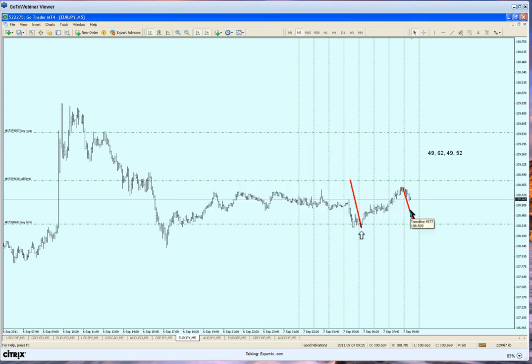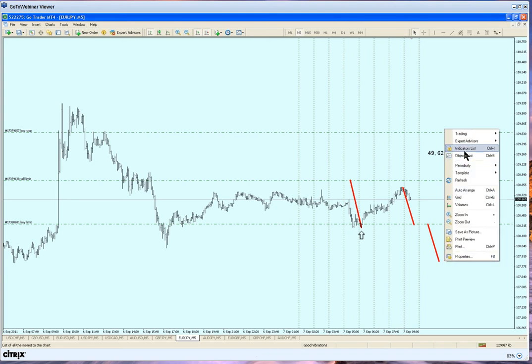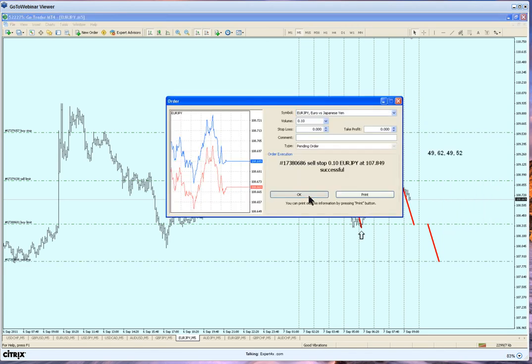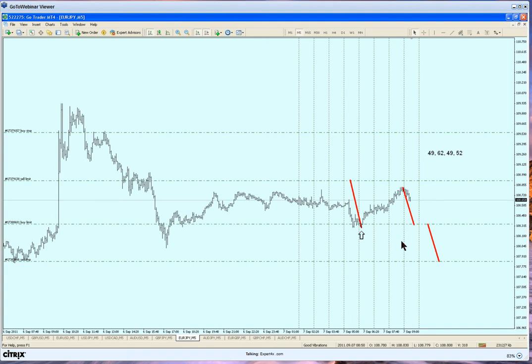Okay, and then I'm using the next trading. That would be a sell stop. Okay. And as you can see, that would have hit just perfectly, absolutely perfectly.